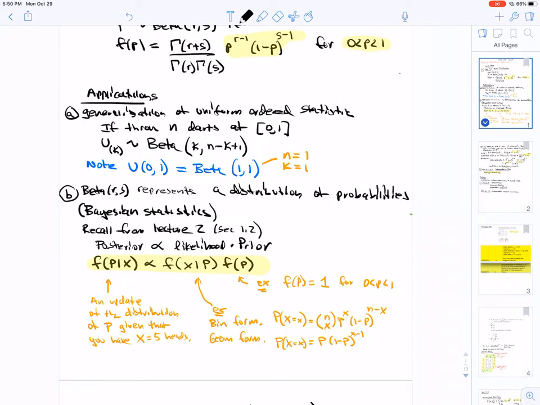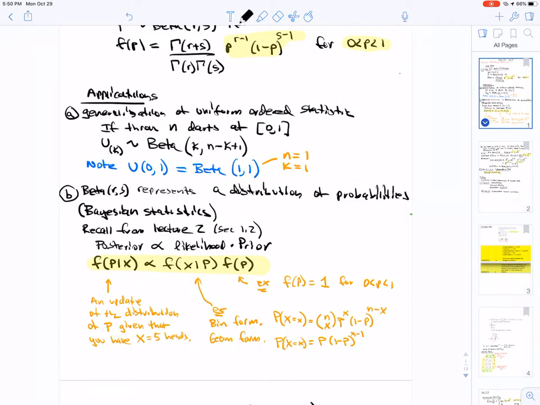Another application, actually the most common application, is thinking that beta(r, s) represents a distribution of probabilities. Here enters Bayesian statistics. Probabilities or parameters for distributions aren't fixed constants, but rather they have distributions. For example, the p in a binomial isn't just a fixed constant, but has a distribution, and that distribution can change depending on data.